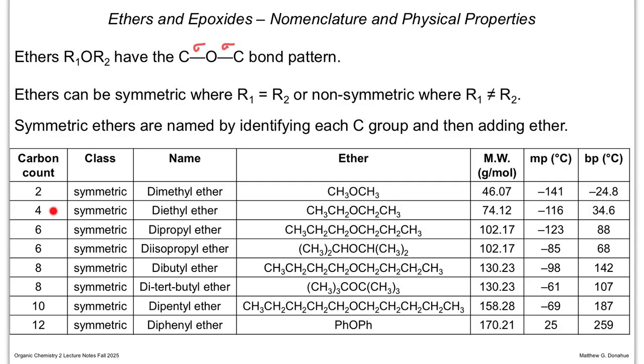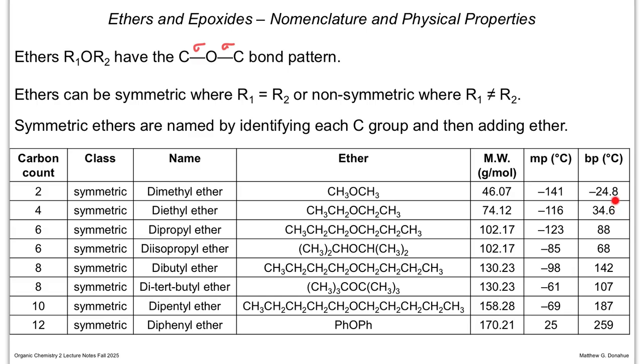If we go up to a 2-carbon chain, so 4 total carbons, that's diethyl ether. And you see now this boiling point of about 35. That's right above room temp.